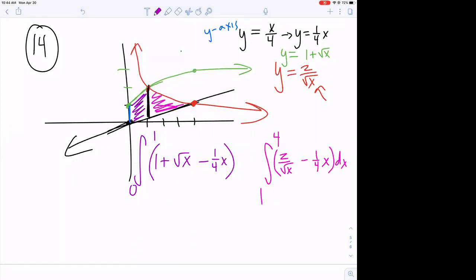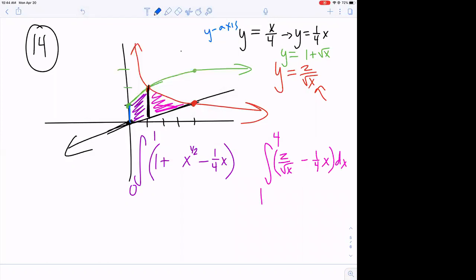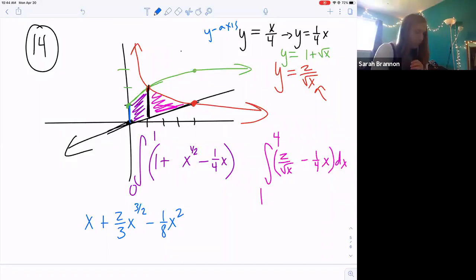The one thing I'm going to do is rewrite root x as x to the 1/2. Is that okay for everybody? So now I've got x plus x to the 3 over 2, but attach a 2/3, minus, what is this one, 8 squared? 1/8 x squared.